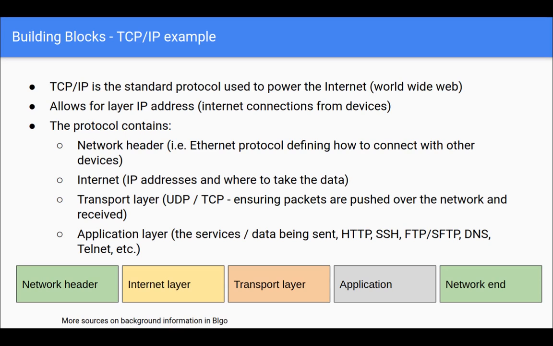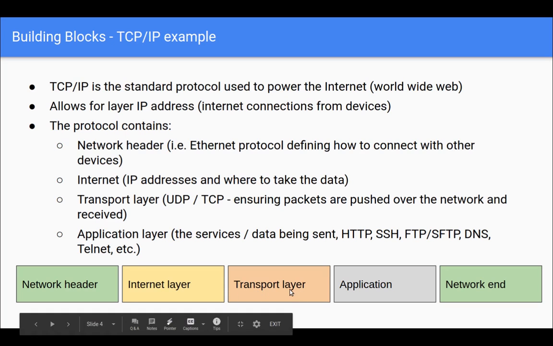The transport layer here is located in between these network headers. These network headers would essentially be like the Ethernet protocol. So if I was sending a packet of information over TCP/IP, this network header could be Ethernet. There are other types of networks that you may use, like LTE.